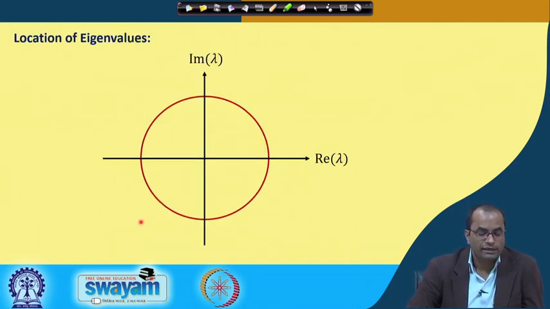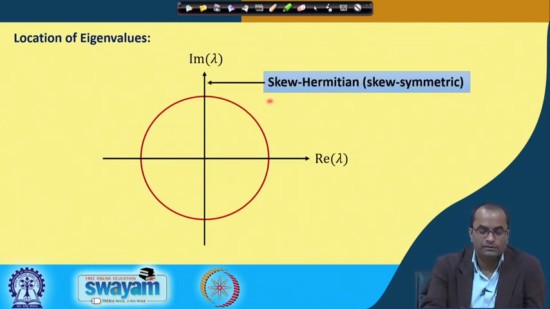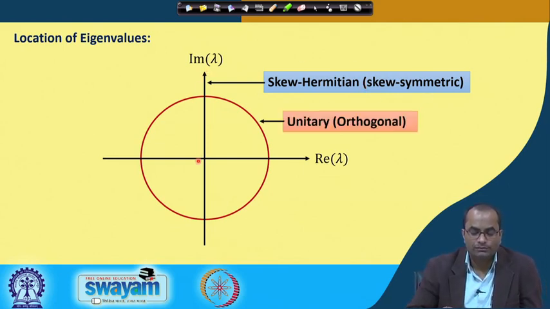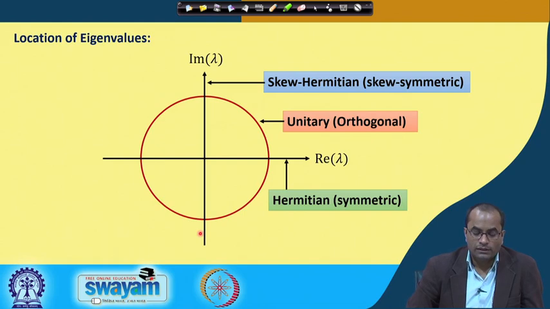The location of the eigenvalues, what we have just seen in the previous slide. If we have a skew Hermitian matrix, their eigenvalues are purely imaginary. For the unitary matrix, they lie on modulus 1, and for the Hermitian matrix or the symmetric matrix, the values are sitting on the real axis, meaning they are real numbers.